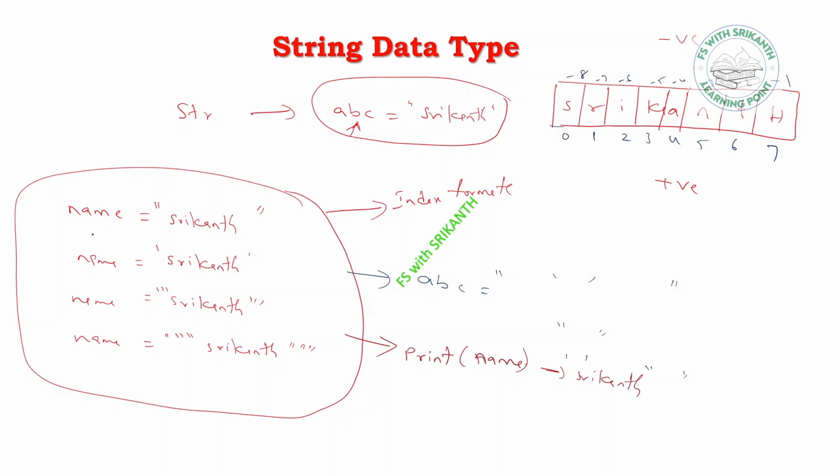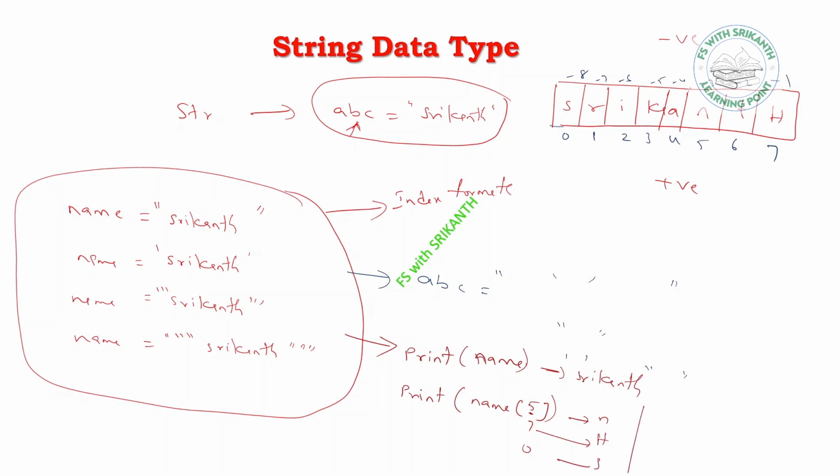But if I want to print only a particular character, how can I print? Based on the index number. Print name, and you place your index number. Suppose you place 5, what does it print? N. If you place 7, it prints H. If you place 0, it prints S.